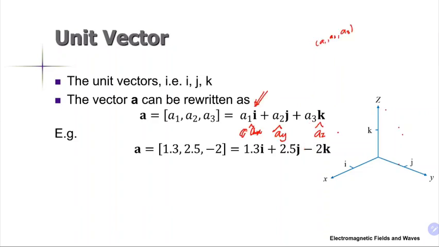Okay, so that is how we write them in engineering: A with a caret on the top, and then subscript x, y, and z. And that is what we're going to adopt in this module instead of i, j, and k going forward.